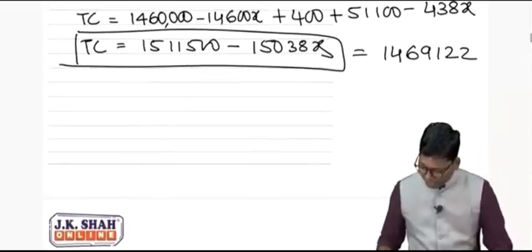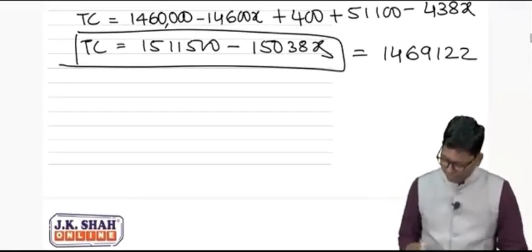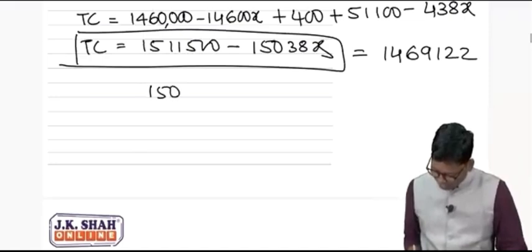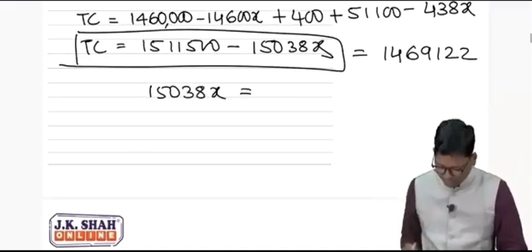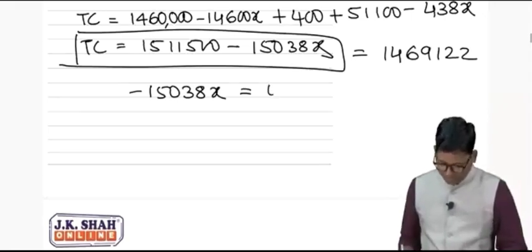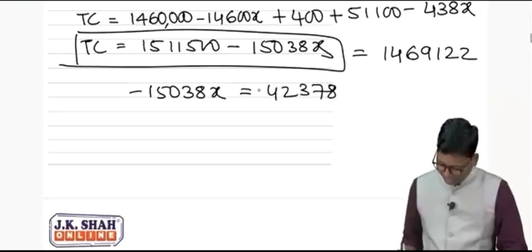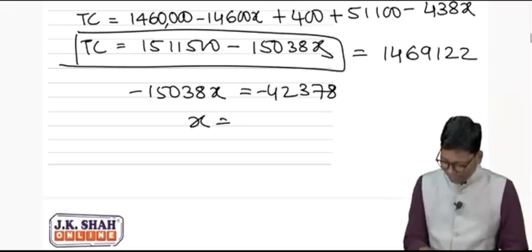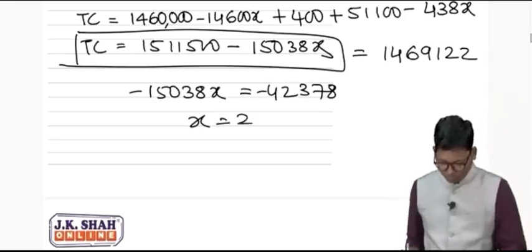Now, if you calculate the difference between these two values, this will become 15,038X equals 14,69,122 minus 15,11,500, which is 42,378. You only need to find out the value of X. When you divide it by the available value, you are going to get 2.82 as the value of X.